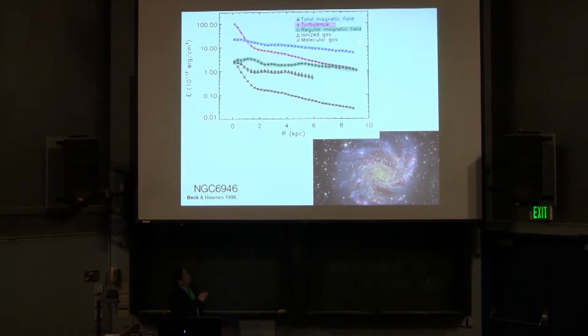Then you look at the turbulent component, which you get from line widths that you can measure. And then you look at the total magnetic field. And here is really the distinction between small scale field and larger scale ordered field that is nicely separated there. But in any case, I'm sad to report that essentially all simulations of galaxy formation we do today only include the thermal pressure that is shown by the ionized gas.